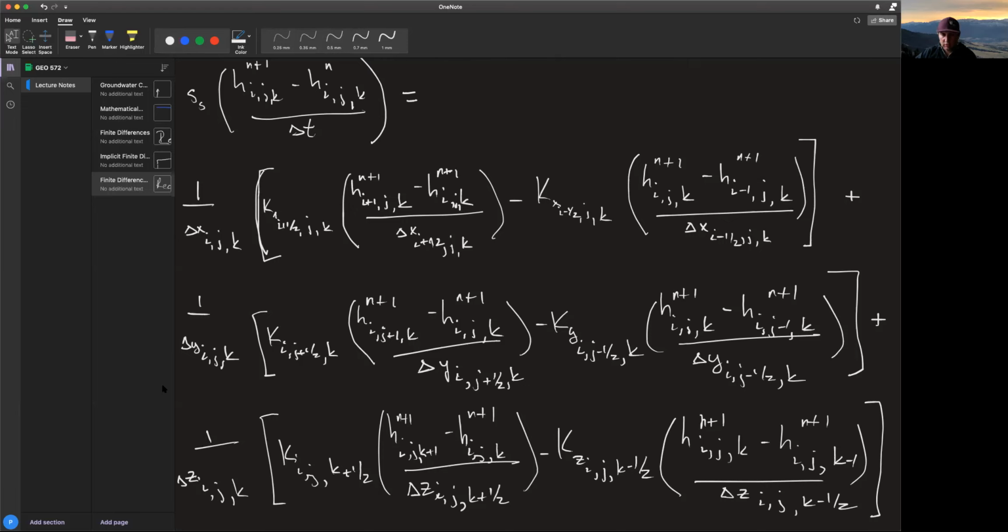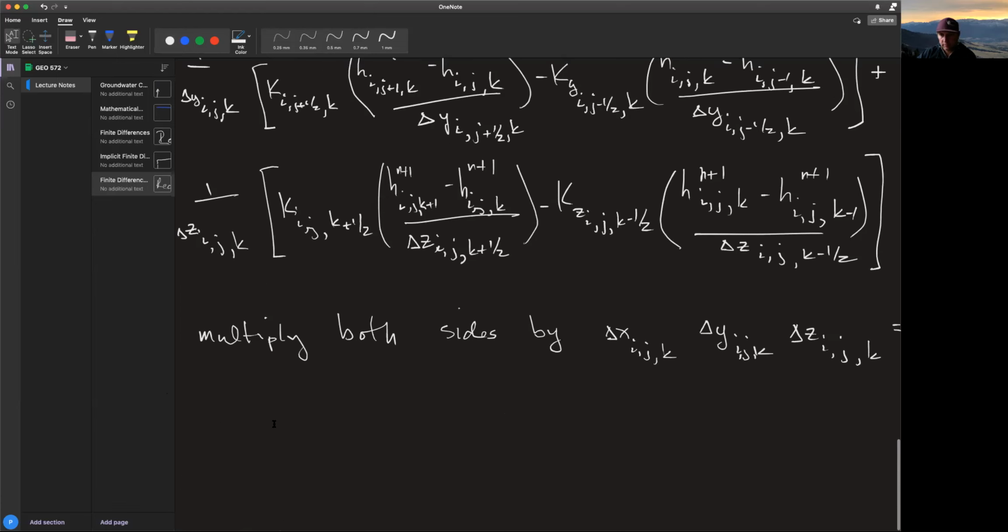And that is a face perpendicular to the z direction. It's the area across which flow will occur in the z direction. So if I do that, I will get a series of equations.